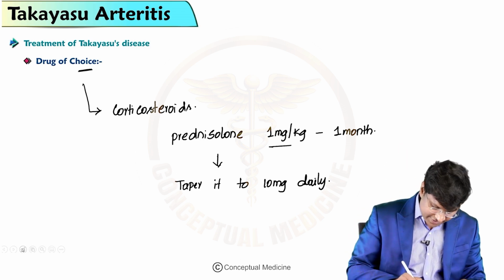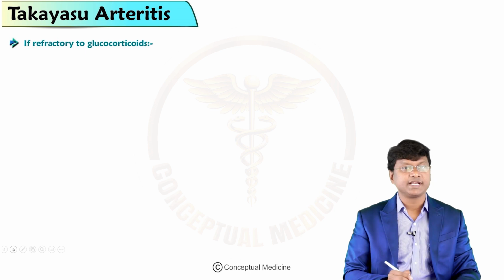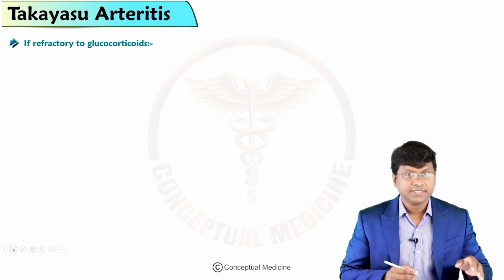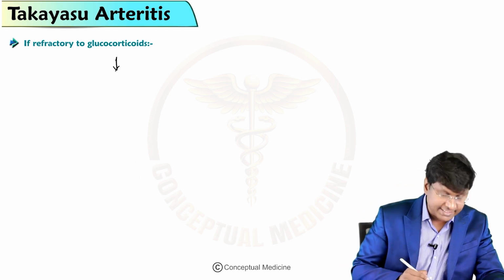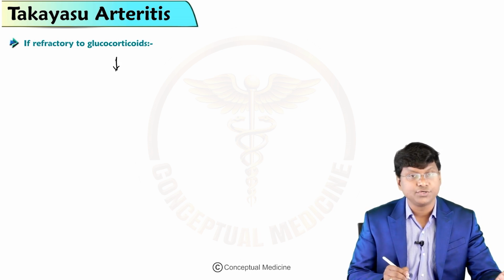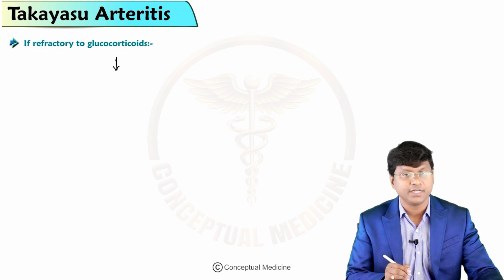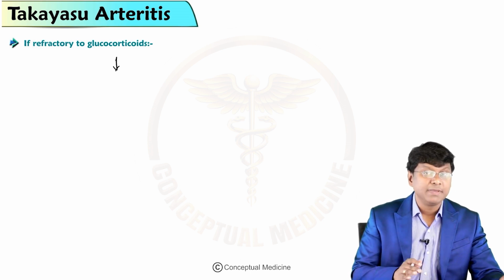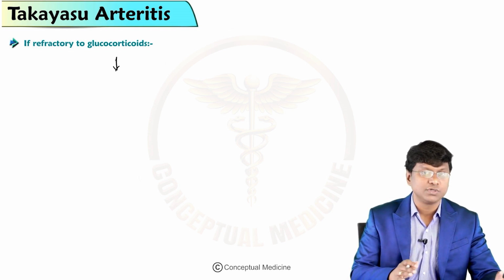Right. Now, suppose the individual is refractory to glucocorticoids, then what are the drugs that have to be added? So the addition of methotrexate, azathioprine or mycophenolate mofetil to prednisolone may be more effective than prednisolone alone.